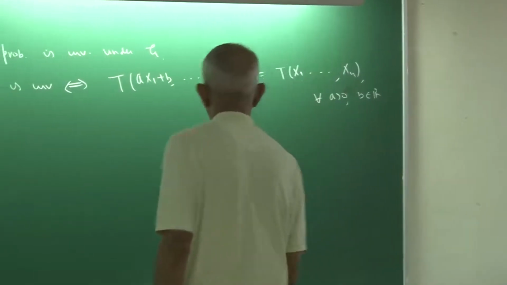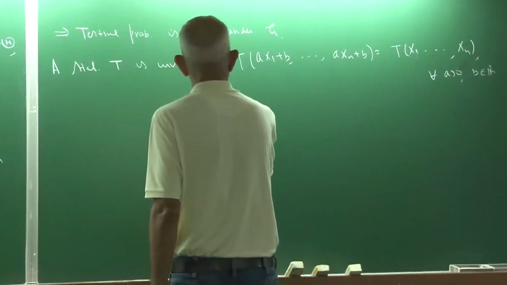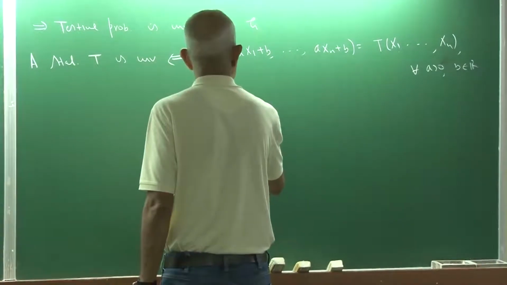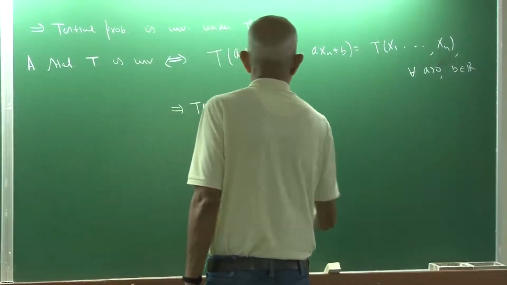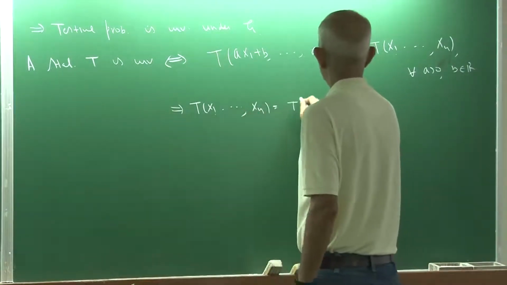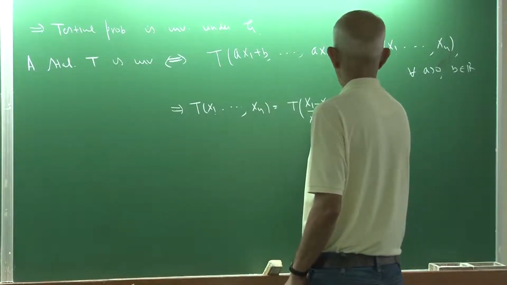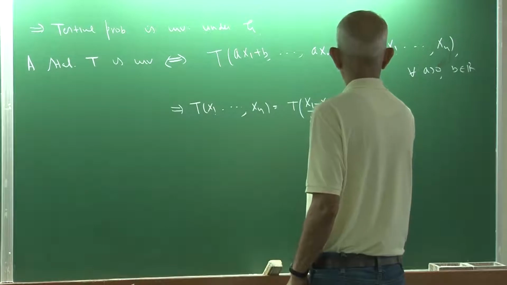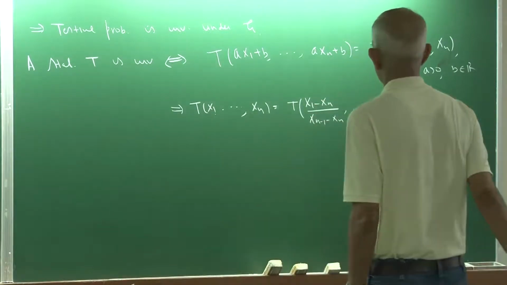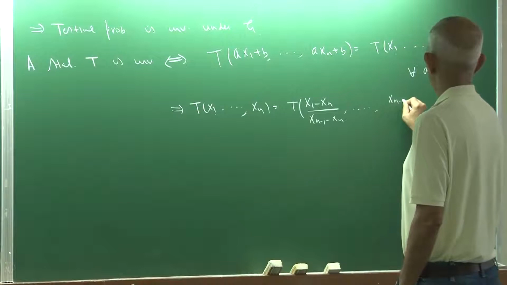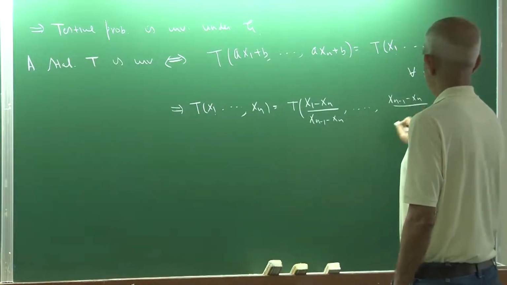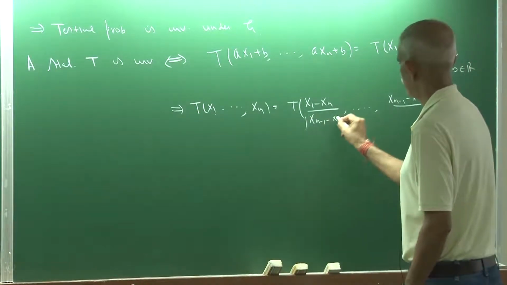This implies that T of x1, x2, ..., xn, which we did exactly in the estimation case, is T of x1 minus xn upon mod of xn minus 1 minus xn, and so on.